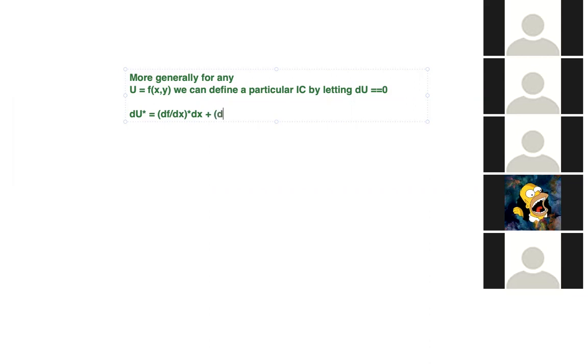The other way I can change it is I can change f by changing y and multiplying that by the change in y. So this is the part that's going to be a little bit subtle. So see if you follow me, Miriam. So I say that we could change u, but we're going to make sure the change of u is equal to 0. We just haven't substituted in 0 yet.